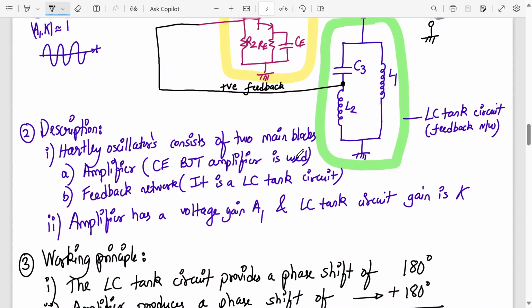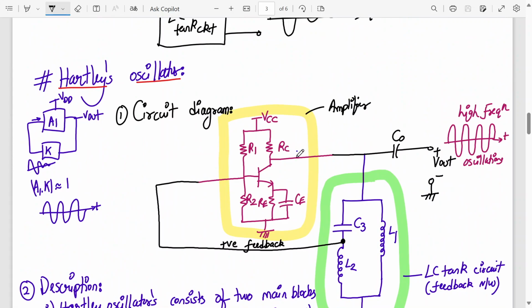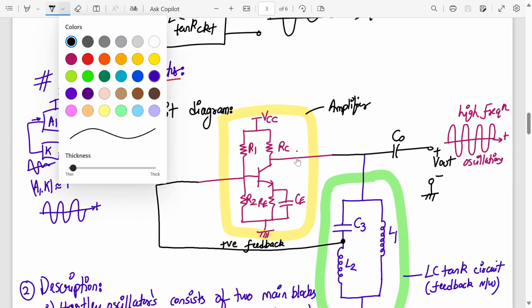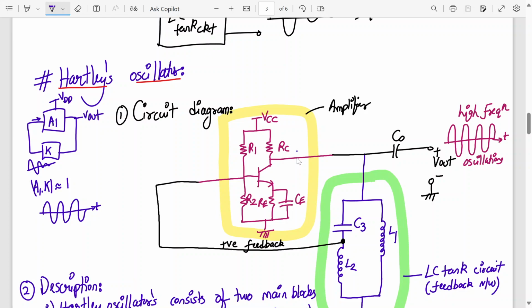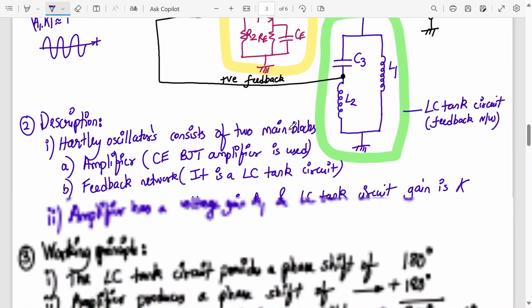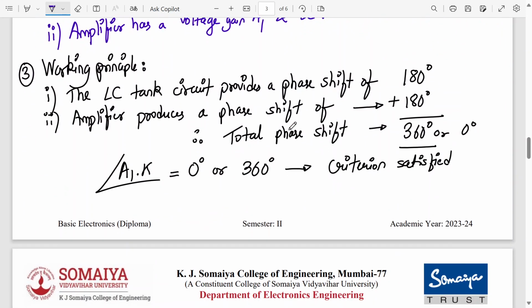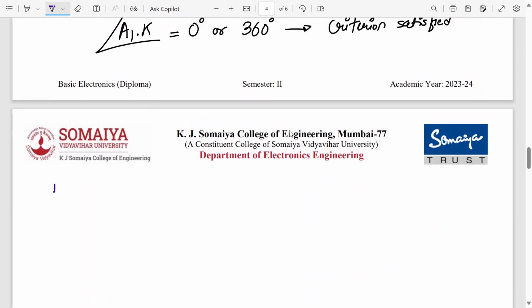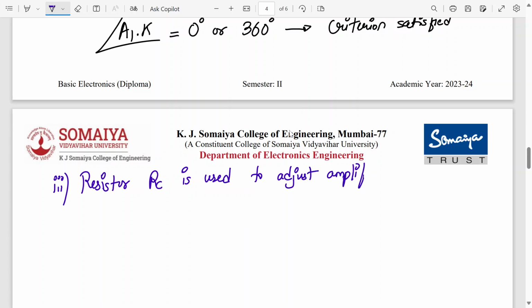Ready? So here we have a variable resistor RC. RC is a potentiometer. So by adjusting the value of RC, third point we can write: resistor RC is used to adjust the amplifier gain A1.